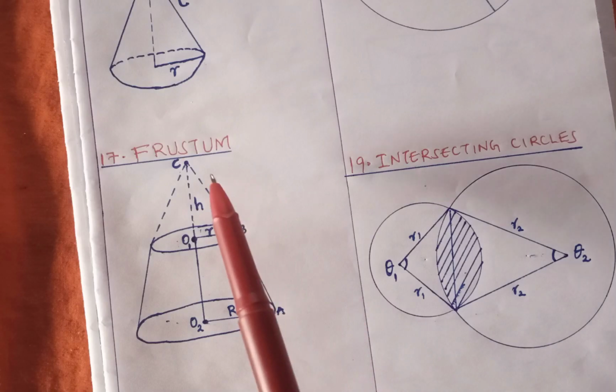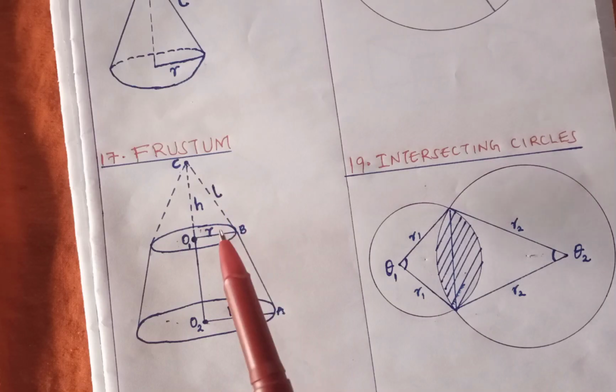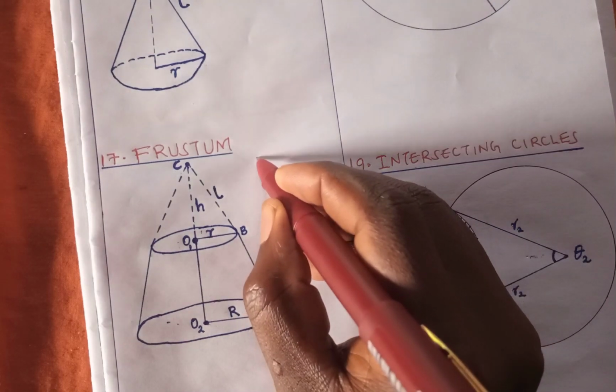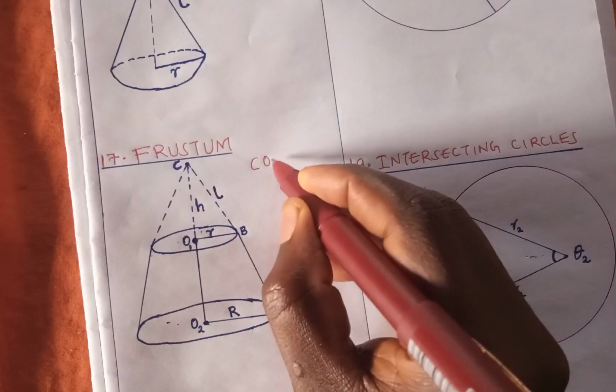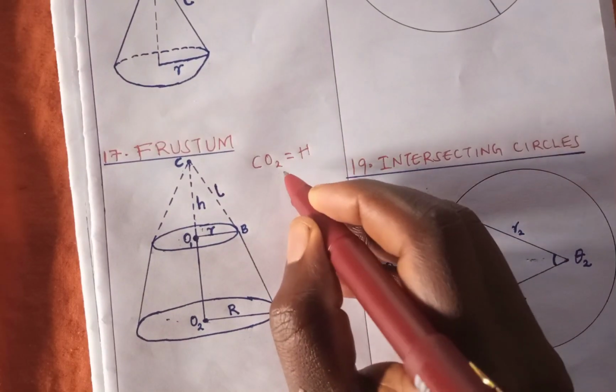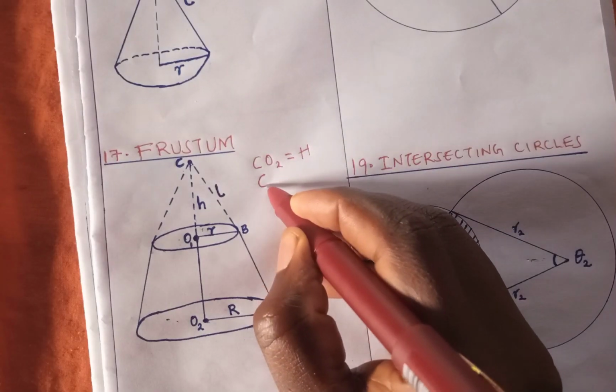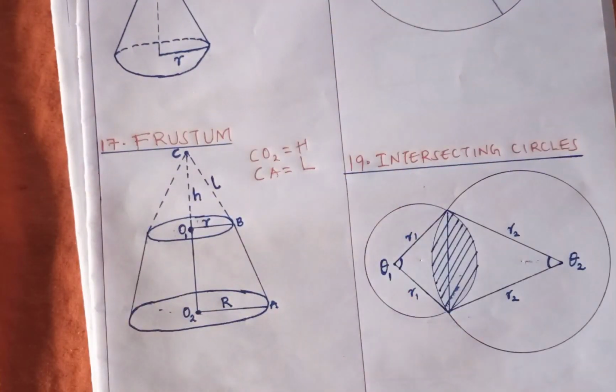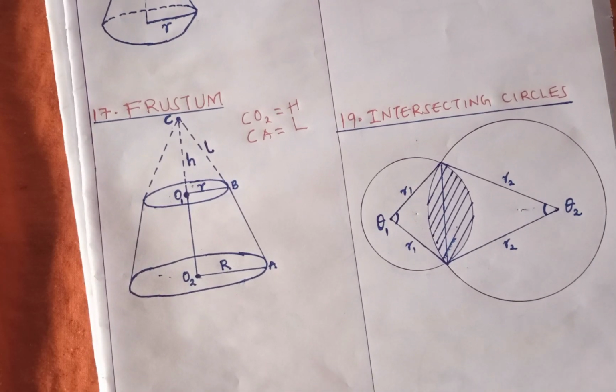And of course, we have the bigger slant height for this figure starting from C all the way to A. This one is the bigger slant height represented by capital L. Small l simply means that it is the smaller slant height for the cone that was removed from that figure. Good. Now, we have to write the surface area of the frustum.